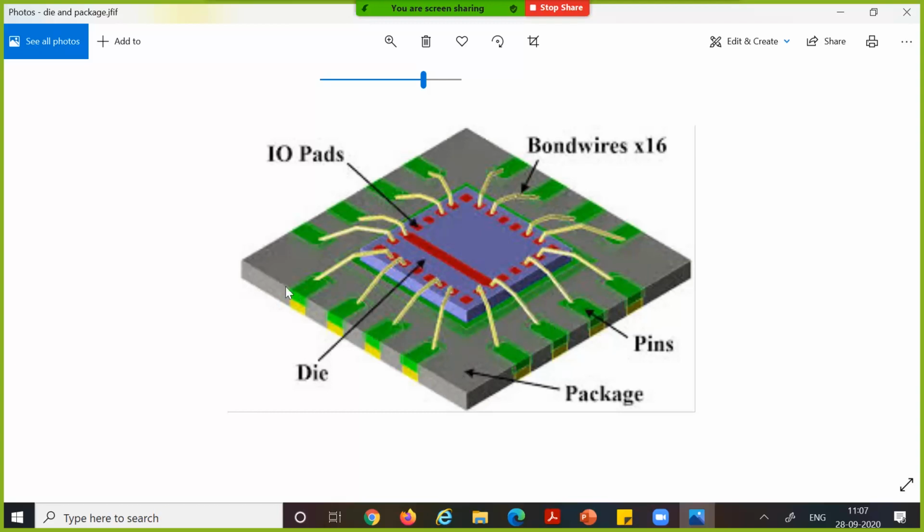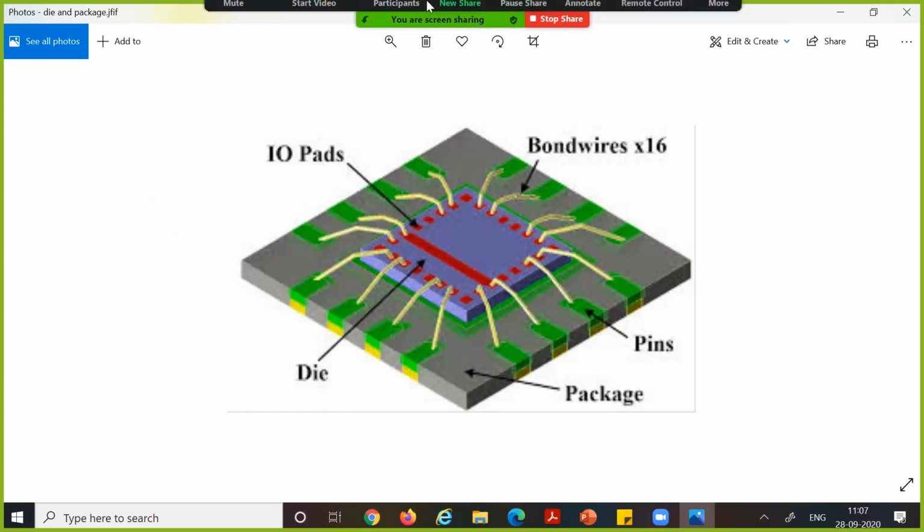The pins can be different for different packages, but assuming a QFN package, this is how it is. Now these bond wires connect the package to the die, and on the die you have what are called pads, IO pads, input output pads. The pad on the die and the pin on the package are connected through this bond wire.